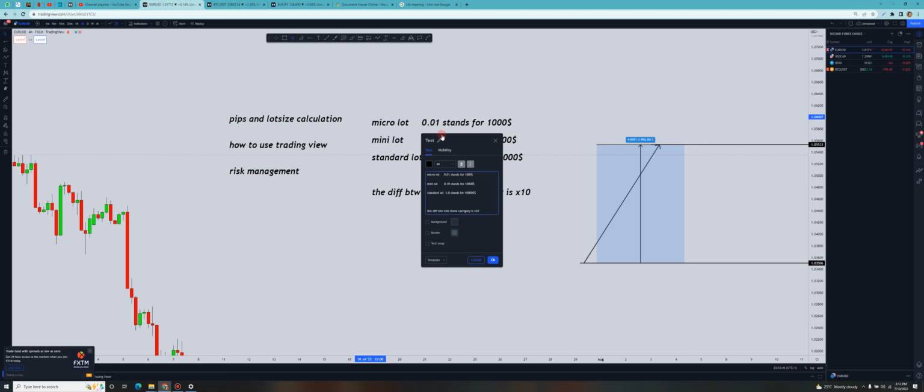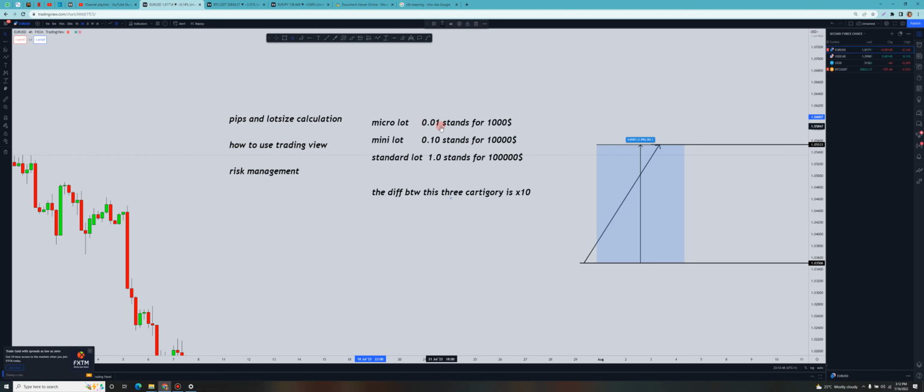Now, if you observe, you discover that the difference between 0.01 and 0.1 is times 10. The difference between $1,000 and $10,000 is times 10, because $1,000 times 10 is $10,000. $10,000 times 10 is $100,000. First, you have to take note of that.